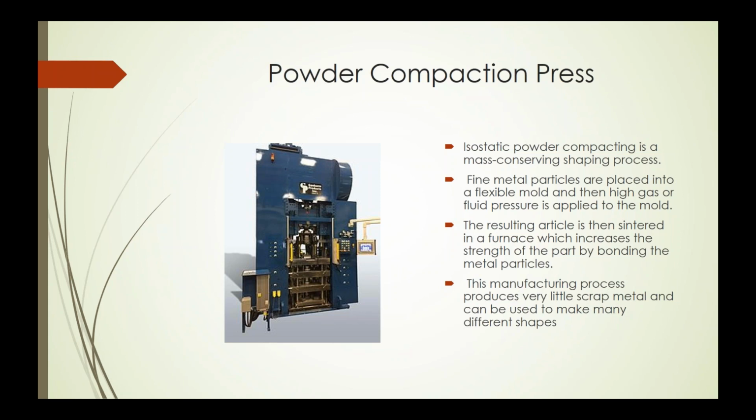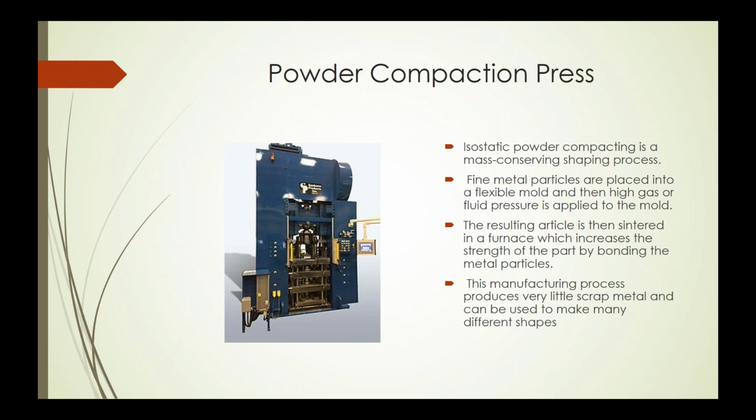The fine metal particles are pushed together in a flexible mold, and then high fluid pressure is applied. The resulting article is then sintered in a furnace, which increases the strength of the part by bonding the metal particles together, melting them.